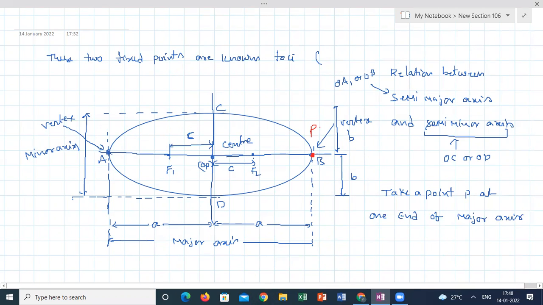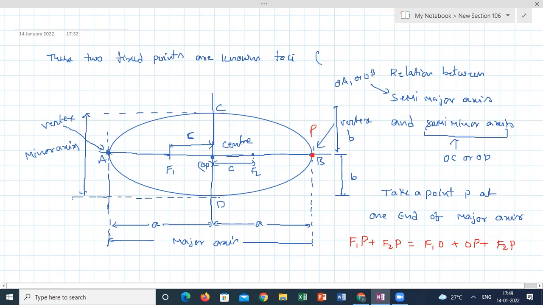According to the definition of the ellipse, F1P plus F2P should be constant, which is equal to F1O plus OP plus F2P. Anyone having any confusion in this equation?